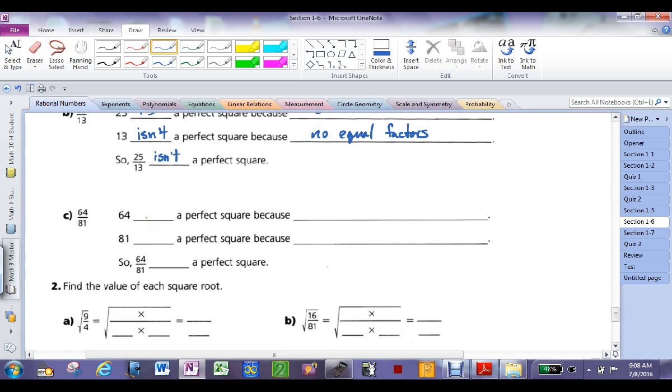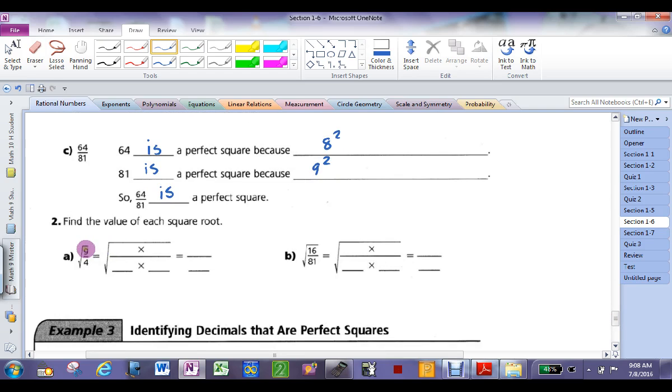What about this one? You guys fill this one in. 8 squared, 9 squared. Cool? Now reverse it. Go the other way. Square root of 9 is 3 times 3.